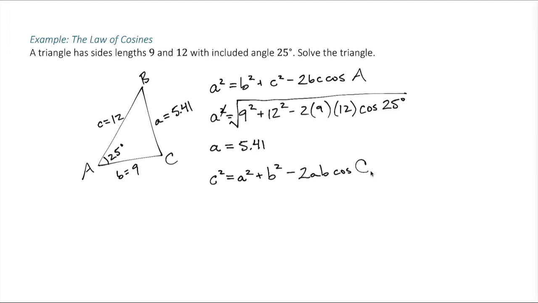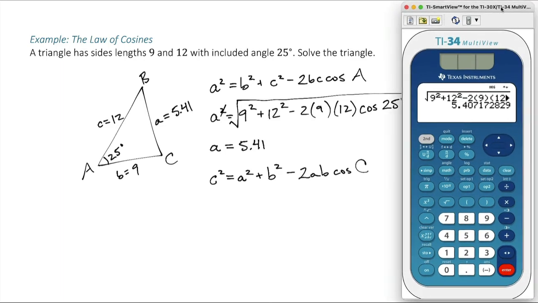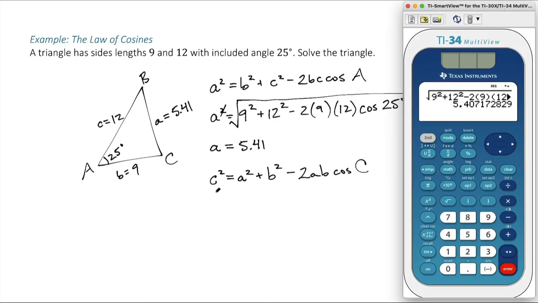All right, well, now I can plug in everything I know. I know everything except for that angle C. Now I'm going to point out something. As we plug things in here, we have 12 squared equals a, which we chose this 5.41 as a rounded form of a.